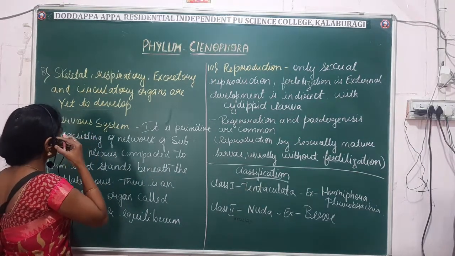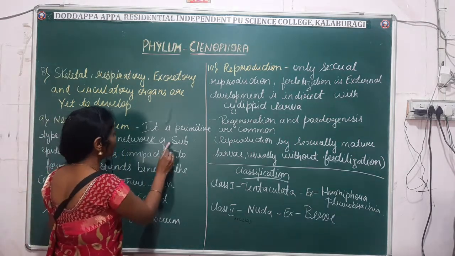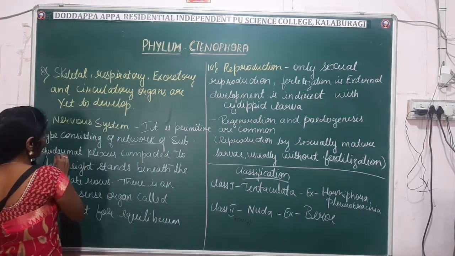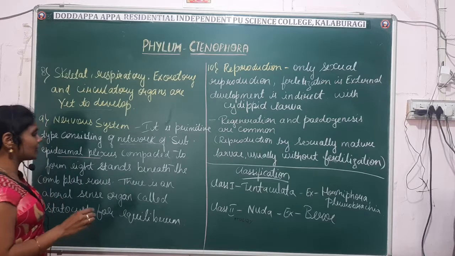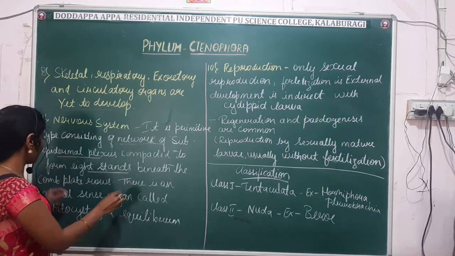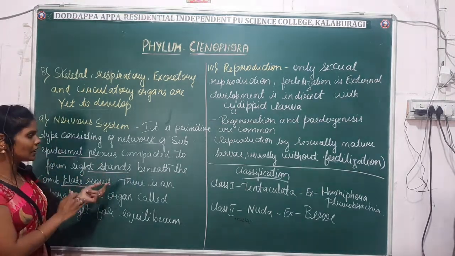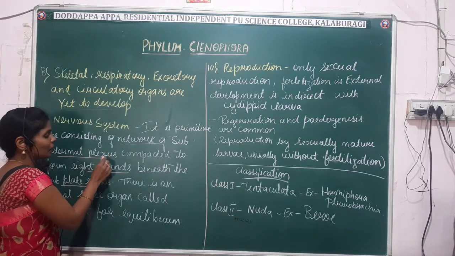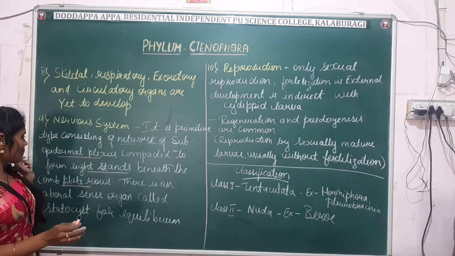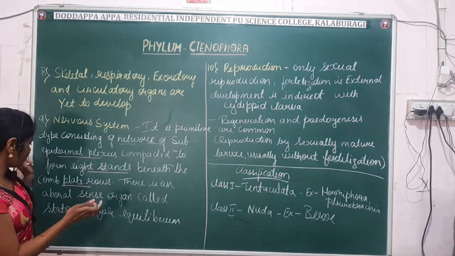But when compared to the nervous system, it consists of a network of subepidermal plexus which is connected to form 8 strands behind the comb plates. Behind the comb plates or the comb rows, it generally consists of epidermal plexus which are compacted to form the 8 strands.